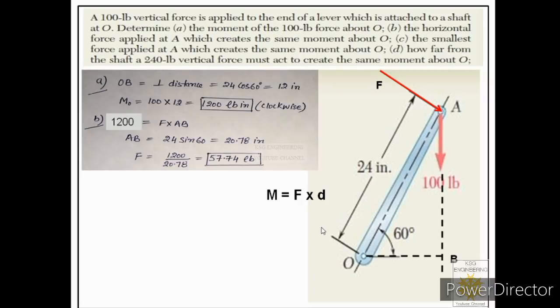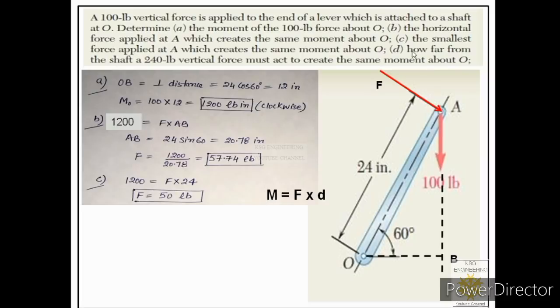Now let us find its solution. Same moment: 1200 equals F into 24, that is the complete length of the lever, the maximum moment arm. So from here we will get the minimum force required to produce the same moment.